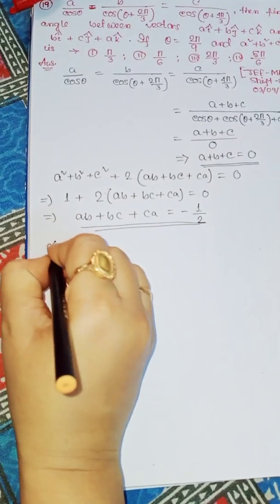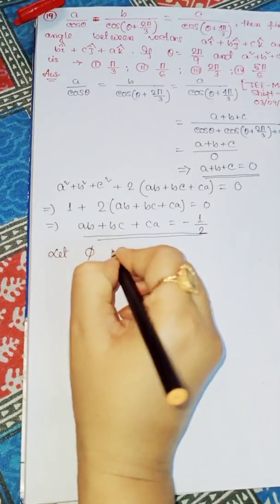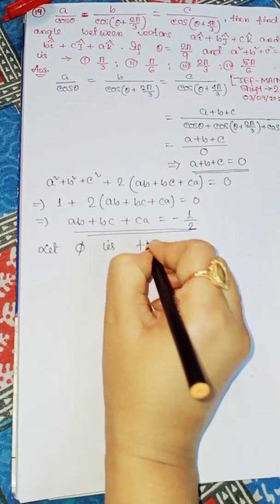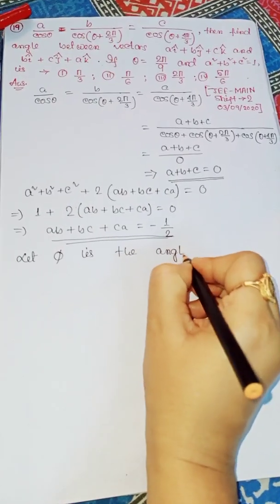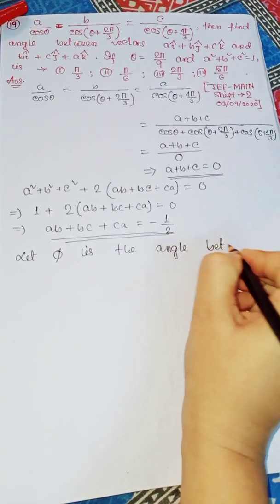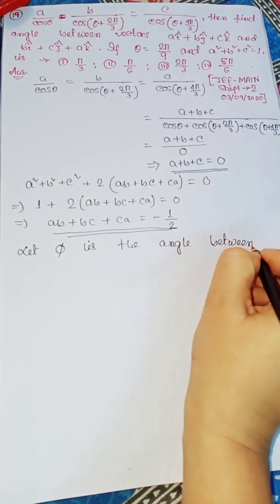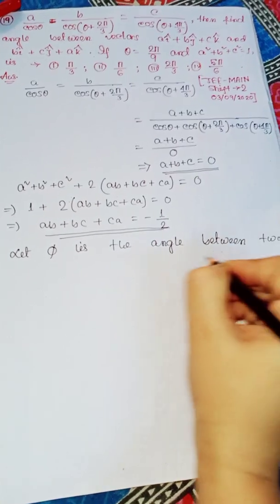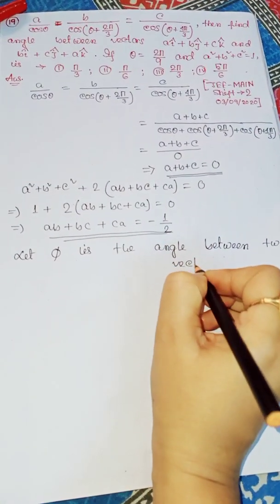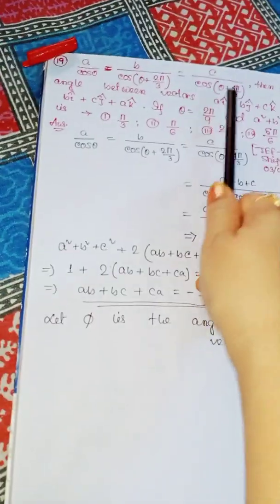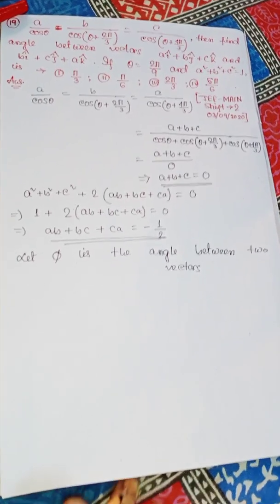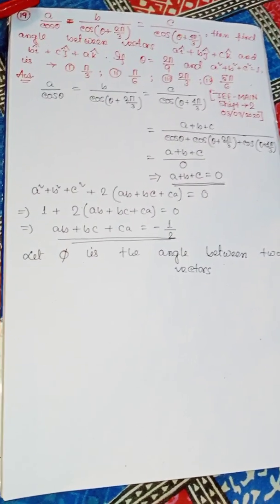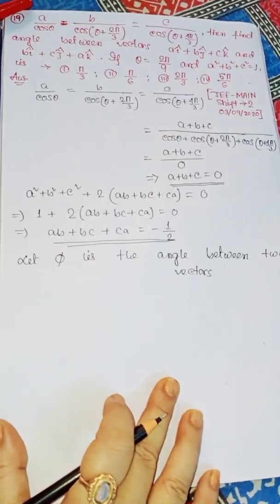Let phi be the angle between the two vectors. These two vectors are given. Theta is already in the question, so we suppose that phi is the angle between the two vectors.